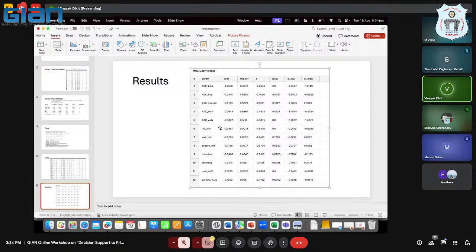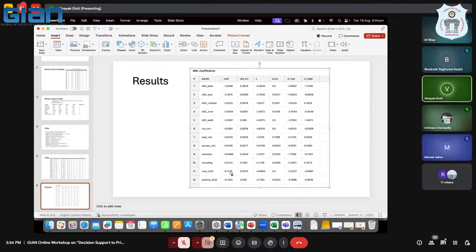The second piece is, now you have all these parameters. You can look at which ones are going to be significant, which ones are not. The ones which are significant are bike ka constant, bus ka constant; ride hail ka it's not significant, train ka significant hai, walk ka significant hai, in-vehicle travel time. So matlab the travel time while you're inside the vehicle, that is significant and negative. Cost is negative.